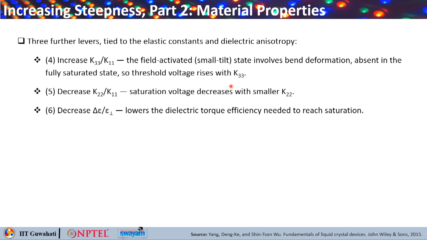So a larger K33 makes the intermediate bend deformation costlier, delaying the onset of switching and steepening the curve. For the second one, decreasing K22 relative to K11 lowers the saturation voltage, helping narrow the gap between the threshold and the saturation from the other side.